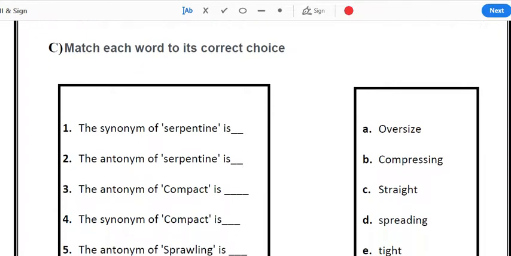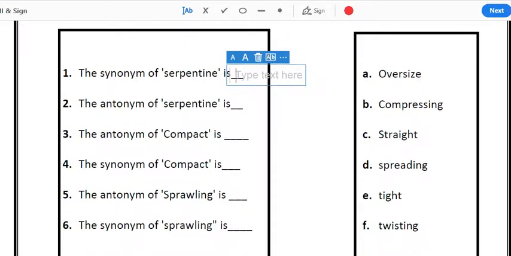Exercise C. Okay, we should of course draw arrows here, but I don't have the ability to do that, so I will write the letters next to the words. The first one, the synonym of serpentine. Let me show you the whole choices first so it would be clear for you.